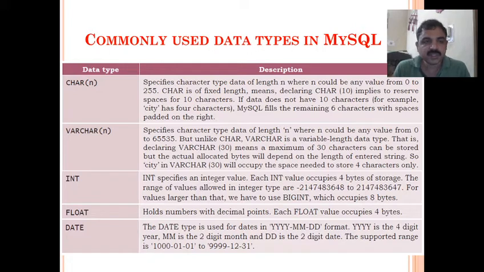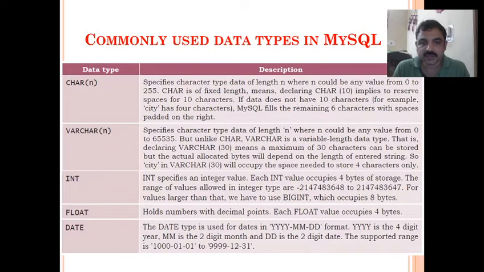So there is another kind of data type for characters, that is VARCHAR, variable length character. So it specifies character type data of length n, where n could be any value of 0 to 65,535. But unlike character, varchar is a variable length data type, that is declaring variable character means a maximum of 30 characters are specified.